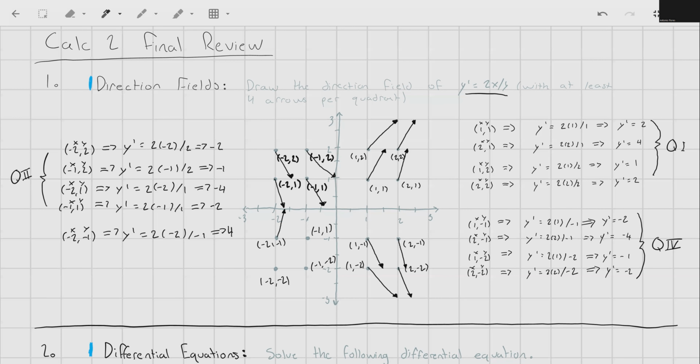Next one, -1, -1. So again, that's going to be 2 times -1 divided by -1. It's just going to be 2. A little less steep than the one before it. Finally, the last two, -2, -2.